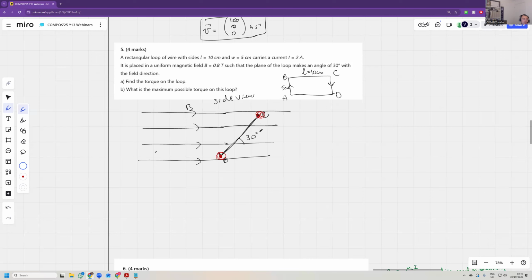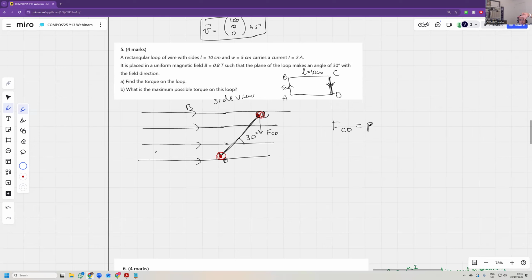Right. So force on the section CD of the wire. So this section CD, it's here. It experiences a force. So field, current, force. So it's a downwards force, FCD.